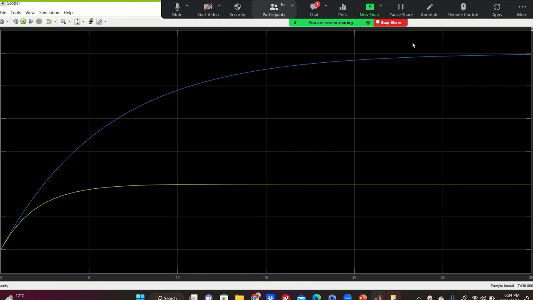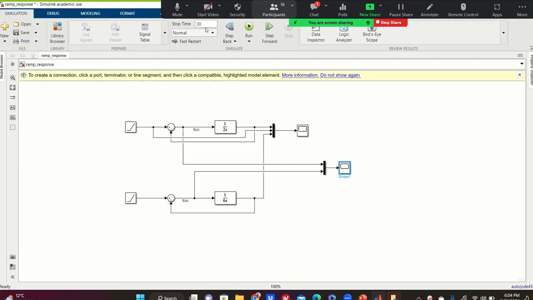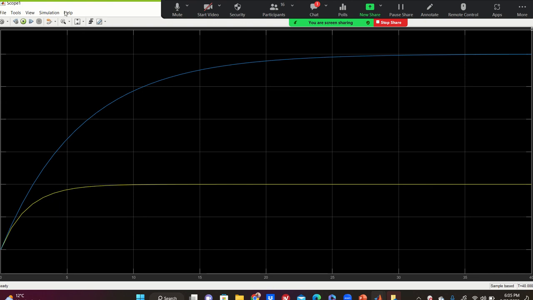One of them goes to 6 eventually. This is 2. 1, 2, 3, 4, 5, 6. Error signal is constant. To make it more visible about the constant, because I'm sharing with you, I'm saying 40 seconds. Here we go. See, goes to the constant 6 error signal.